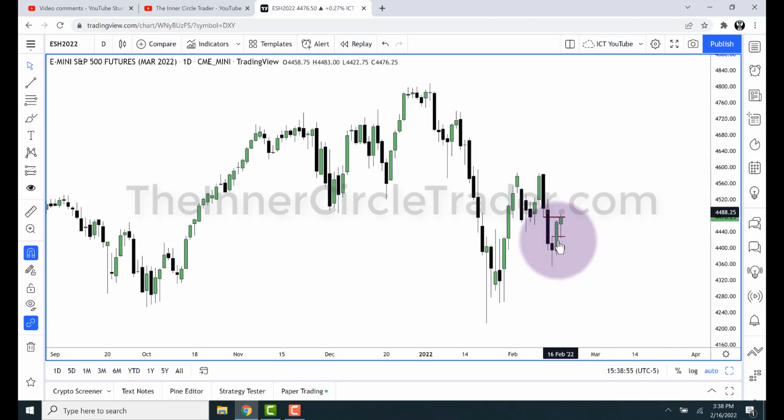All right, so why did it reverse down here? Well, we have the fair value gap in the form of a SIBI, sell side imbalance, buy side inefficiency. So we went up yesterday, didn't quite hit it, but then we opened here, traded down to this level. That's your real support level. Why is it support?